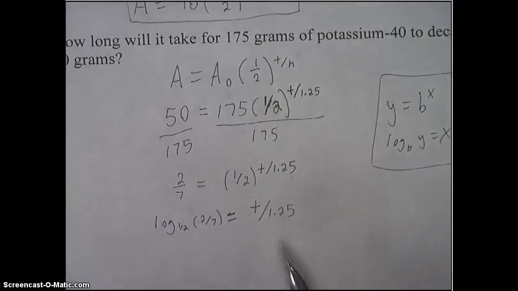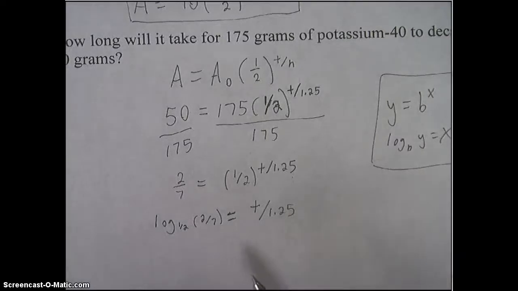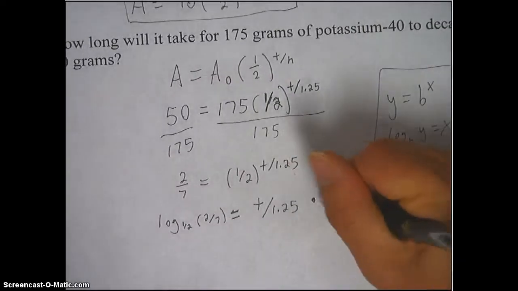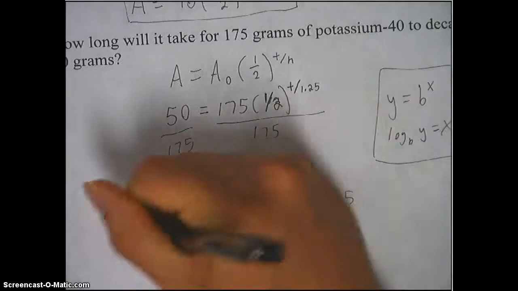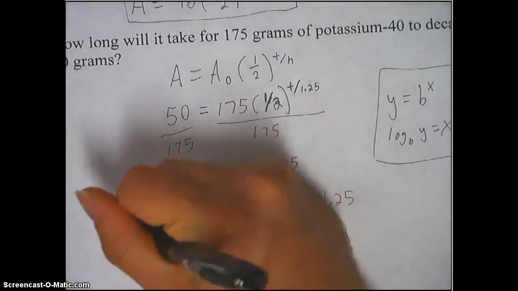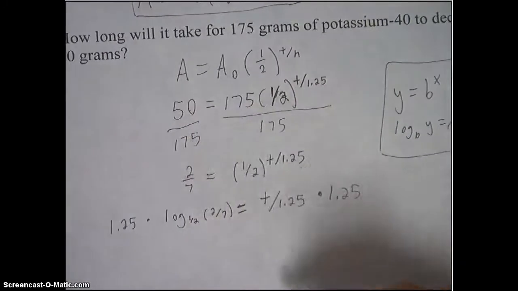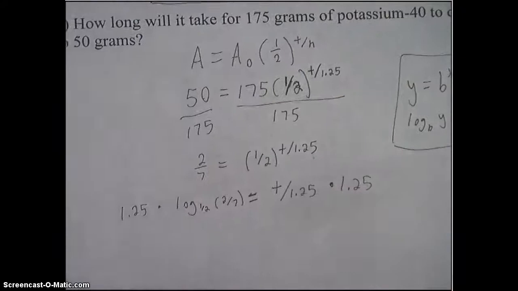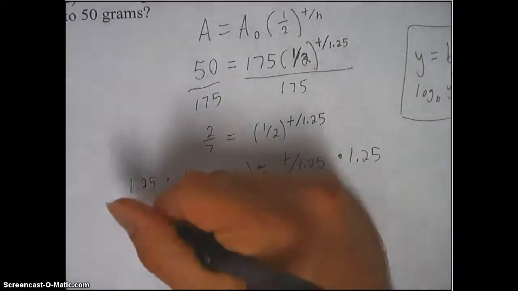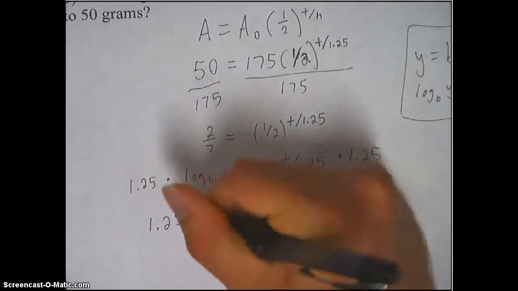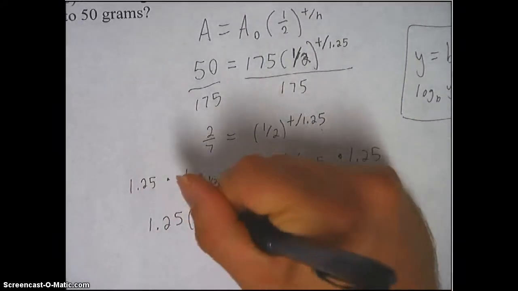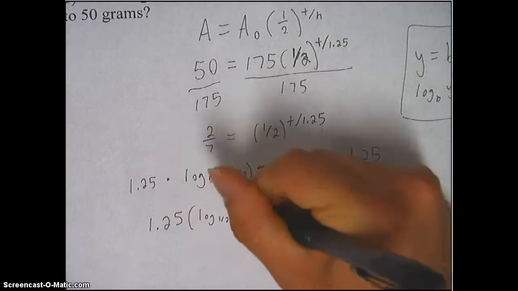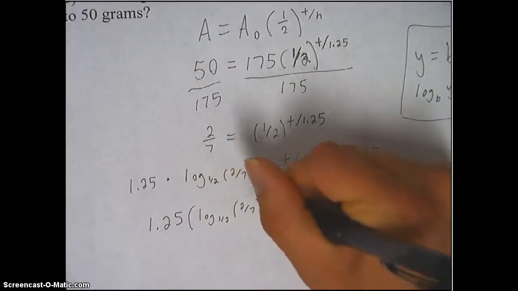Well, remember, we're trying to get the t by itself, and currently it's divided by 1.25. So I'm going to need to multiply both sides by 1.25. So I'm going to go ahead and do that right now. And so I'm going to have this monstrous looking thing, 1.25 times log base 1/2 of 2/7.